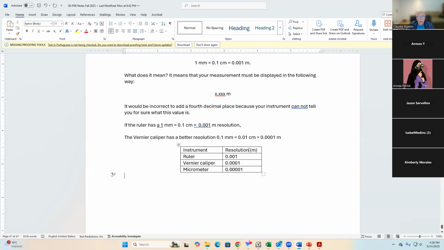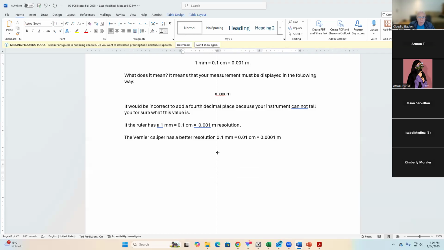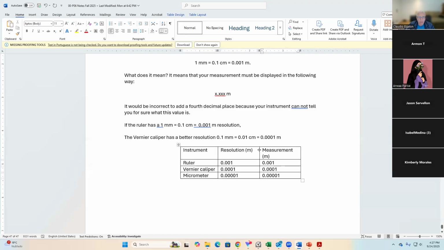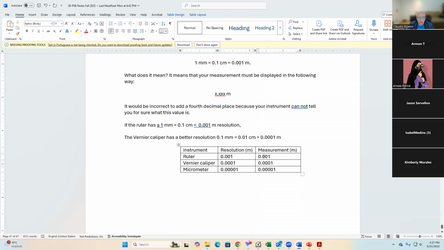So if a measurement by the ruler must be displayed up to the third decimal place, right? I'm going to put it here. 1, 2, 3.